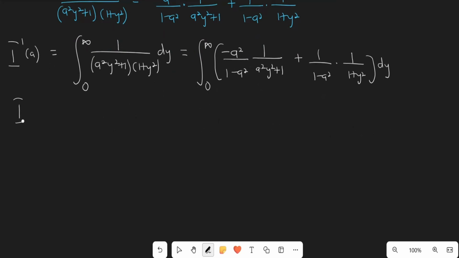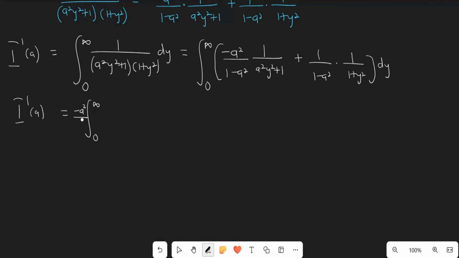Alright. I prime of a is equal to, now let's split this one into two different integrals. This one is a constant because that's nothing to do with y, so I'm going to bring it out here.